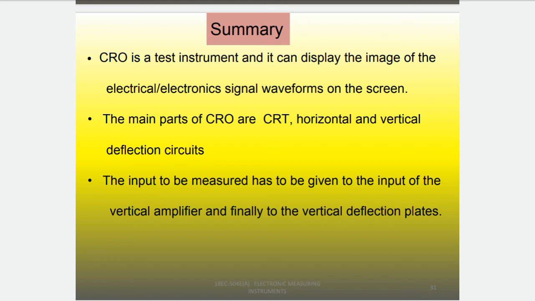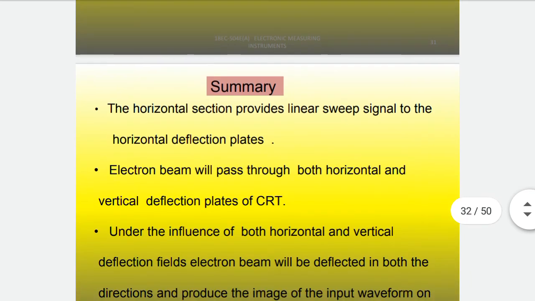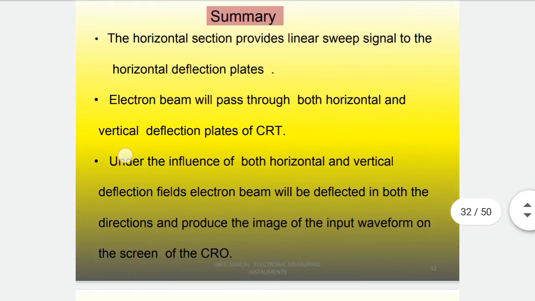The input to be measured has to be given to the input of the vertical amplifier and finally to the vertical deflection plates. The horizontal section provides a linear sweep signal to the horizontal deflection plates. The electron beam passes through both the horizontal and vertical deflection plates of the CRT.